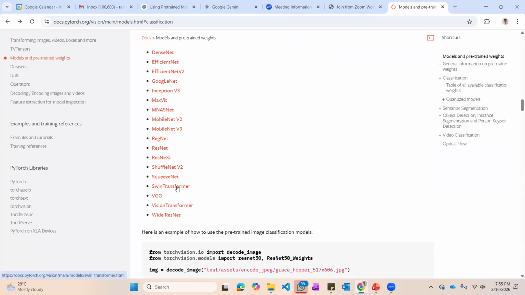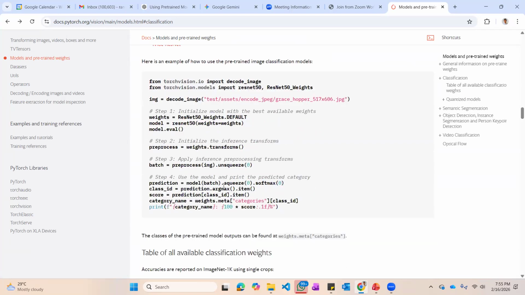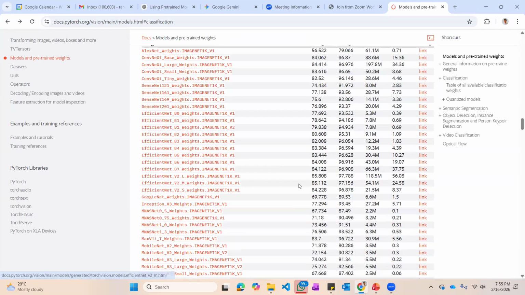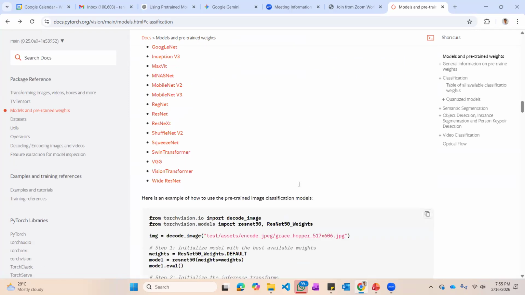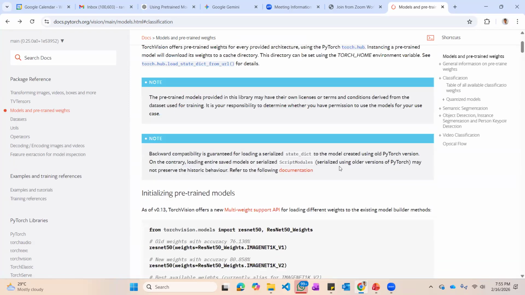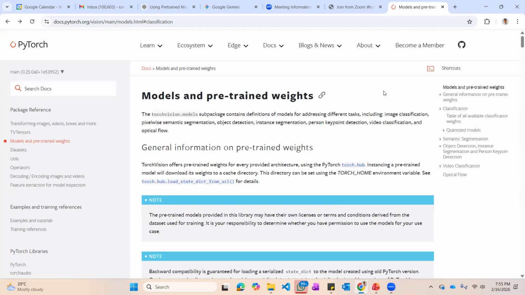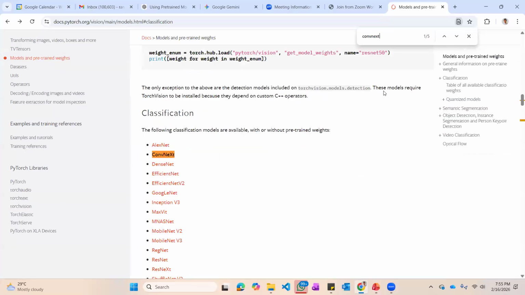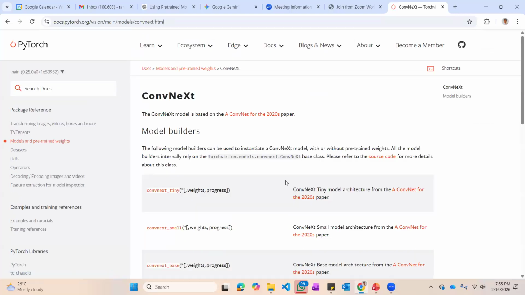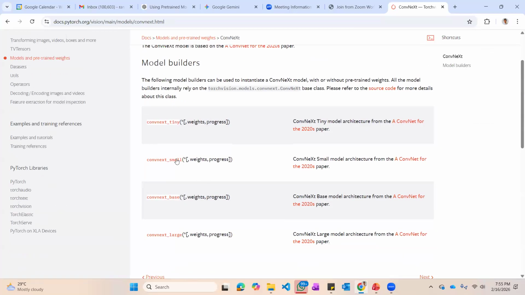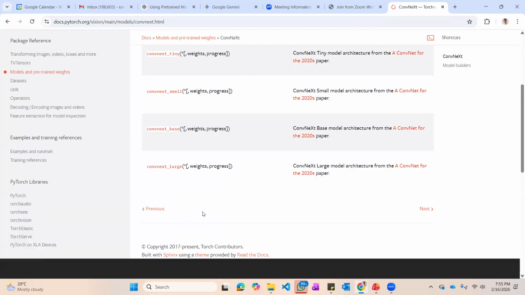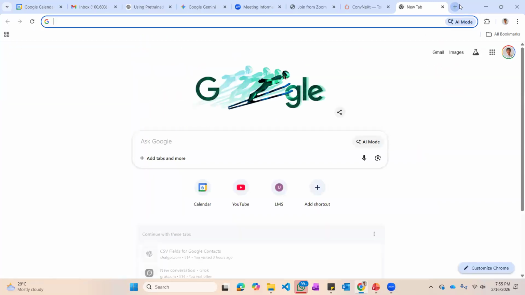So Swin Transformer is something that I just briefly mentioned in the slide. So ConvNeXt implements the Swin Transformer like thinking. I don't know too much about these available models. ConvNeXt, yeah, of course, it's at the very top, right? It's there. So ConvNeXt tiny, ConvNeXt small, ConvNeXt base. So this ConvNeXt paper is a 2022 paper.